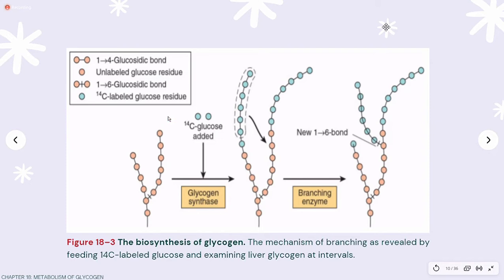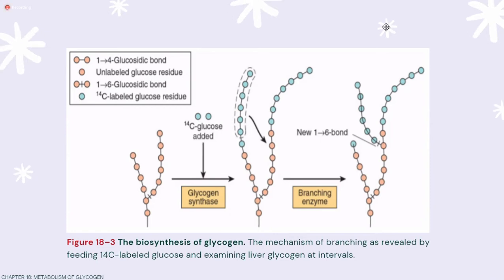When they were doing some research on this, they have to label the glucose residue, because you cannot see the glucose molecules, but you can only detect it. So they label this with the usual label, tritiated hydrogen. The usual label is tritiated.